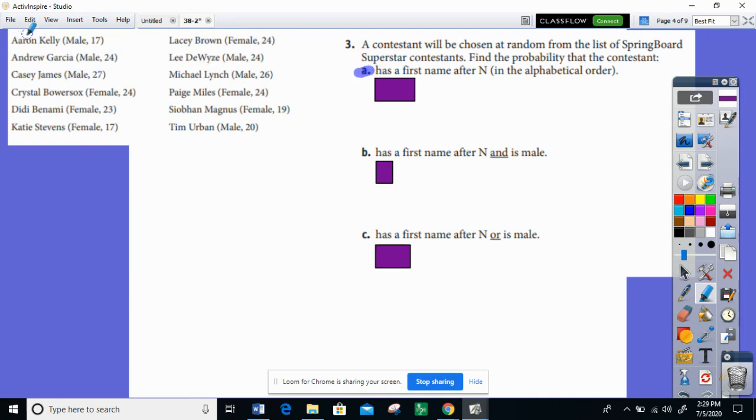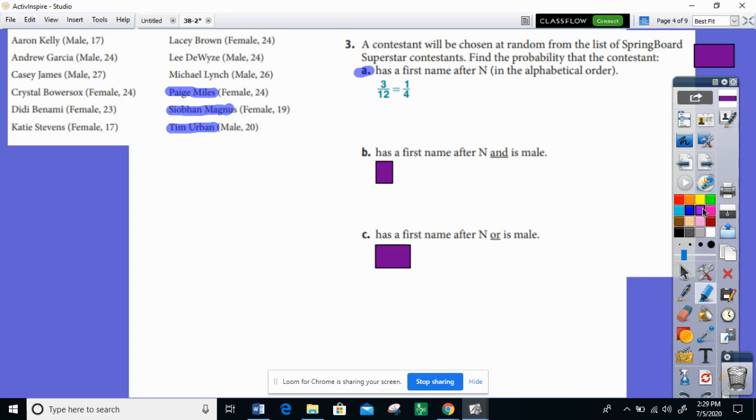So this list is alphabetized by first name, L, M, N, O, P. So it has to be after N. L and M are before N. So Paige, P is after N, so is S, so is T. So that gives us a probability of 3 out of 12, which reduces to 1/4.